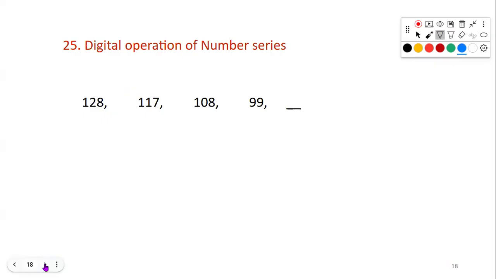Digital operation of number series. Maybe first time you are listening to this or some of you might be familiar with this. What does it mean? Digital operation of numbers series.